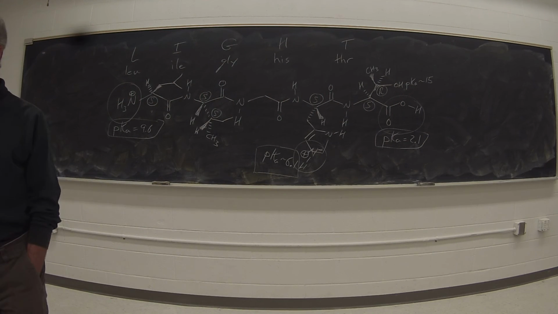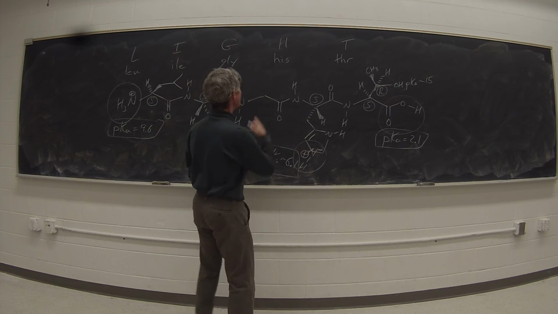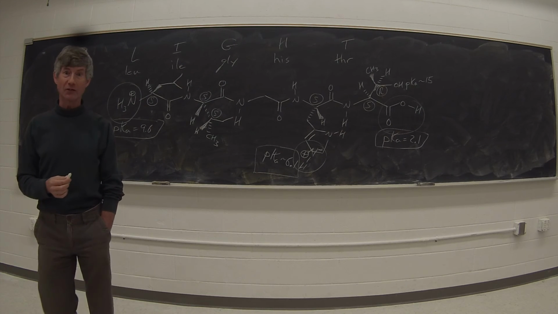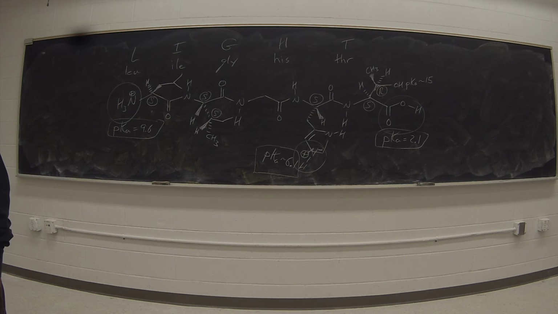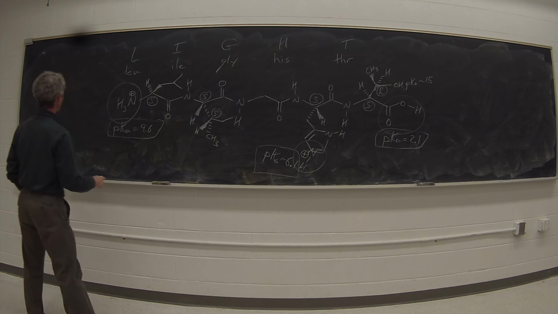So with everything protonated, the C-terminus, the N-terminus, and the side chain of histidine, this is an easy one to do because 4 of the 5 amino acids in that peptide don't have side chains that are capable of undergoing proton transfer reactions. We have a total net +2 charge.